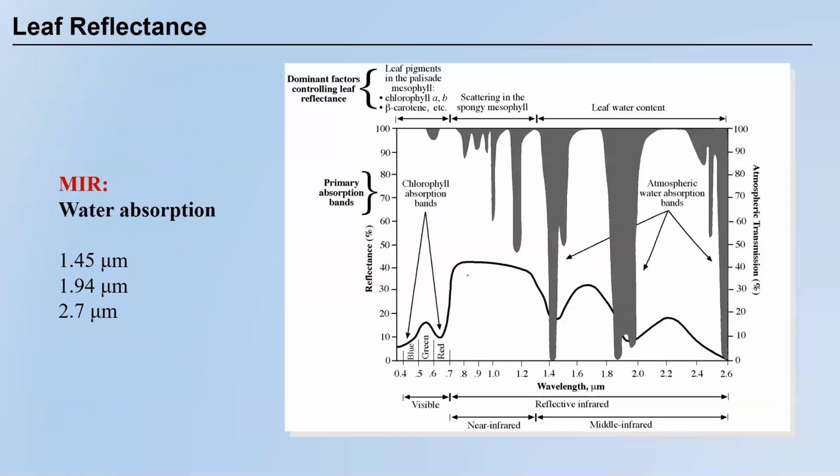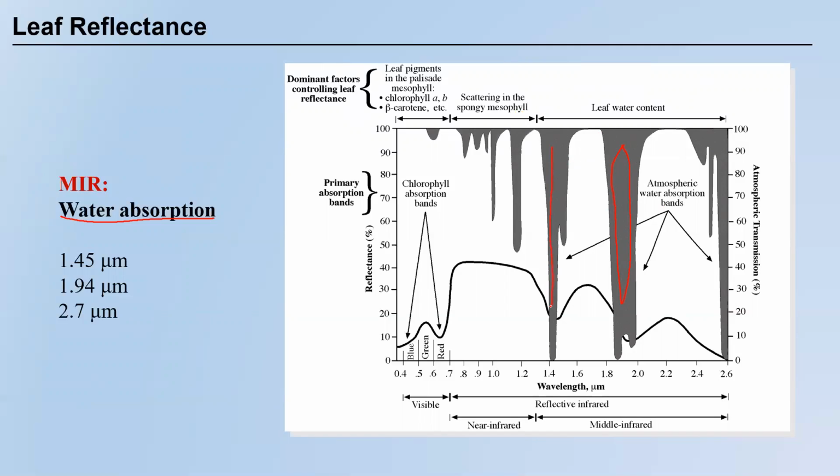Okay, let's go on. Within the mid-infrared band, water is the dominant factor. Let's check this figure again. We have two curtains here, right? Here, the shaded area is a big curtain. Looks like a curtain, and here we have another curtain.